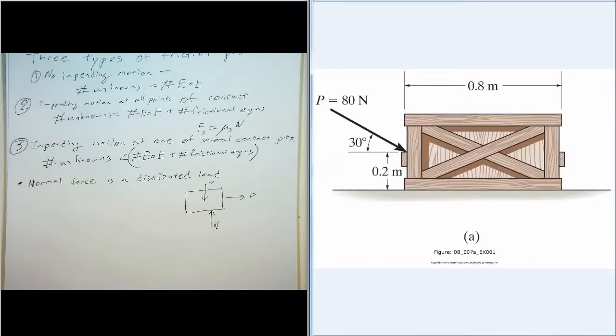So this is example 1 in the text, and we'll just work through it real quick. So we have a crate with a mass of 20 kilograms, and we apply this force P to it, and we want to determine if it remains in equilibrium. So that is, does it remain motionless?